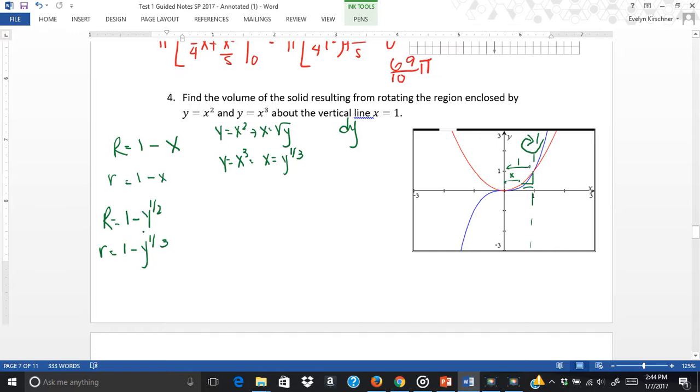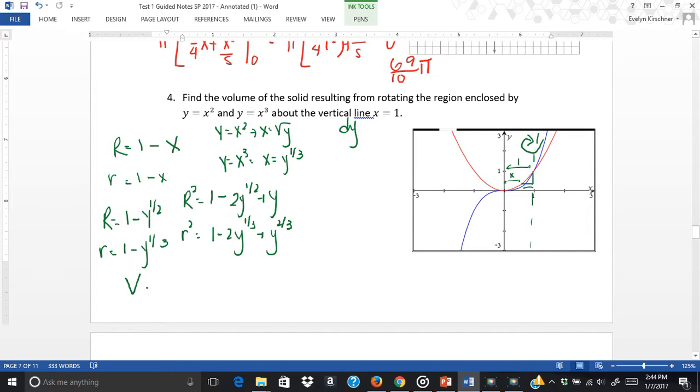Now I need to square them both. Big R squared is going to be 1 minus 2y to the 1/2 plus y, and my little r squared is going to be 1 minus 2y to the 1/3 plus y to the 2/3.